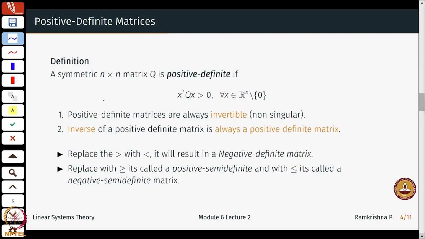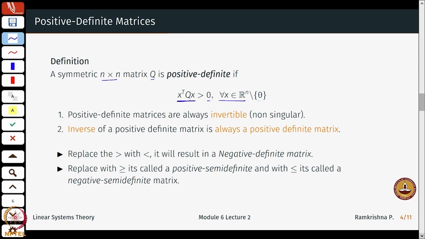Now, a little to do with definitions and some properties of positive definite matrices. What is the definition? Take an n cross n matrix Q. It is positive definite if x transpose Q x is greater than 0 for all x except the zero vector. Now, how do I test if the matrix is positive definite or not?